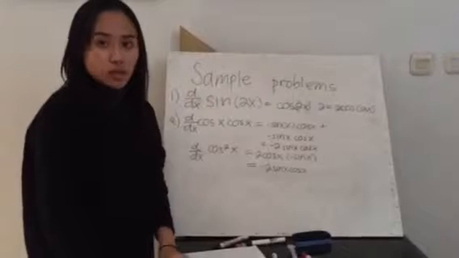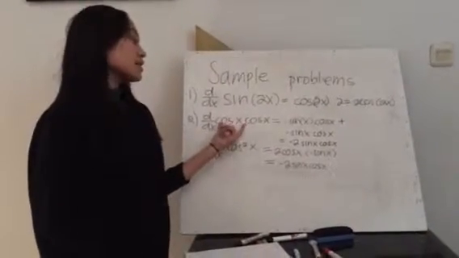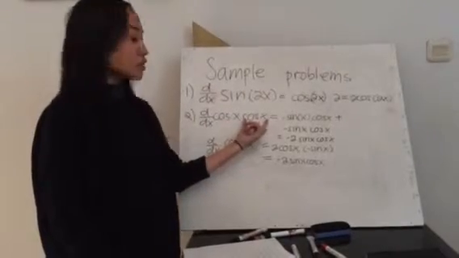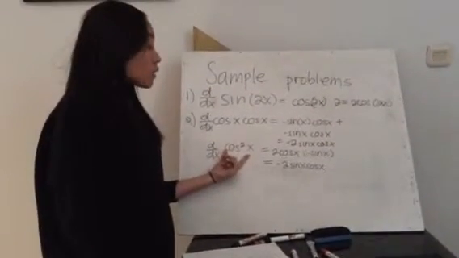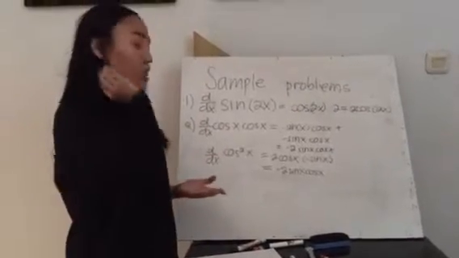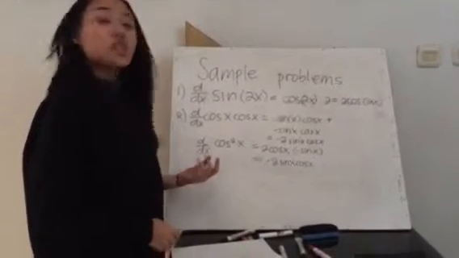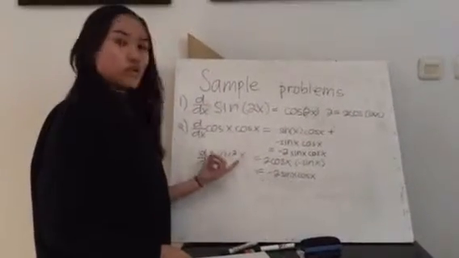Now it is important to note that you can always rewrite the question. You can rewrite cosine x multiplied by cosine x as cosine squared x. Now since it is in exponential form, you could use the chain rule to take the derivative of this function.